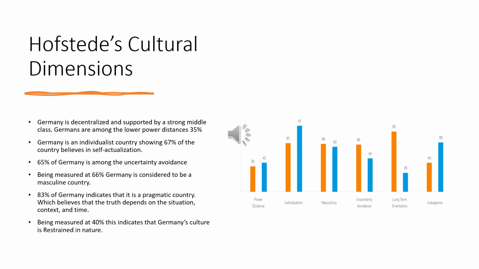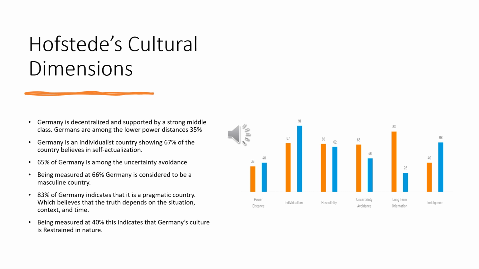The next dimension we're going to talk about is individualism. Individualism deals with whether people's self-image is defined in terms of I or we. In an individualist society, people are supposed to look after themselves and their direct family.